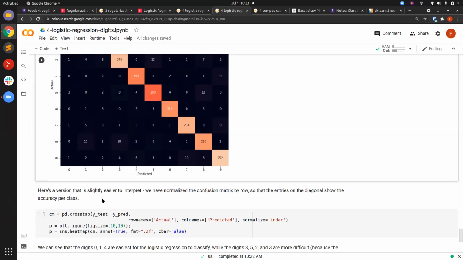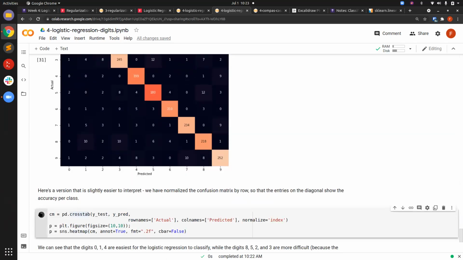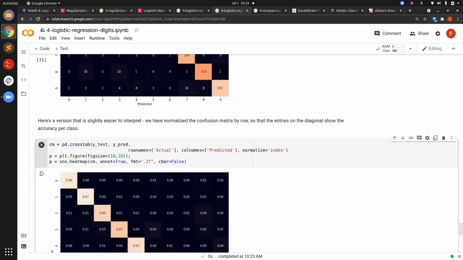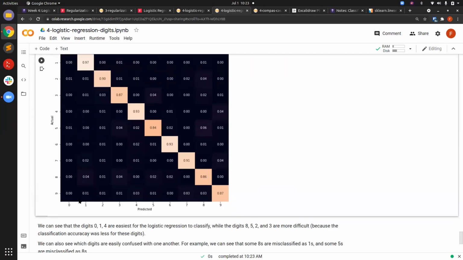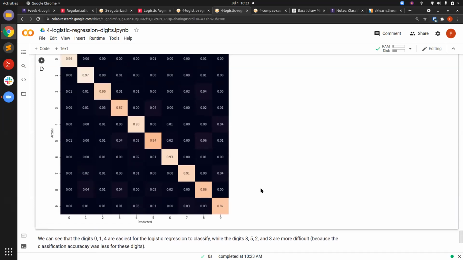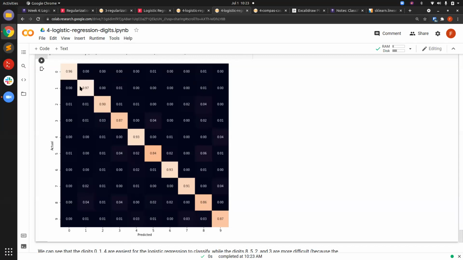You can get a slightly easier to interpret version by dividing row-wise. This tells us the per class accuracy. And we can see here, for example, that a 1 is very easy to classify. We don't make many mistakes on 1s. But a 5 or an 8 or a 9 or 3 is more difficult to classify.